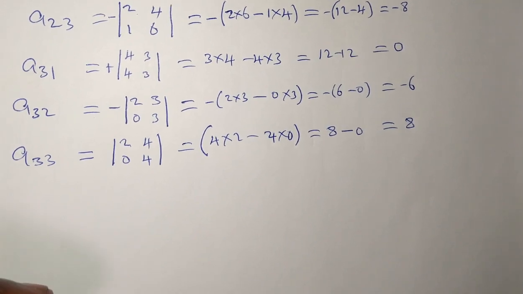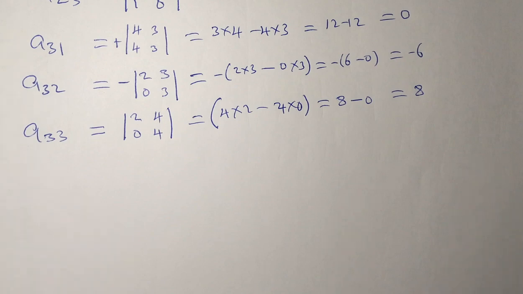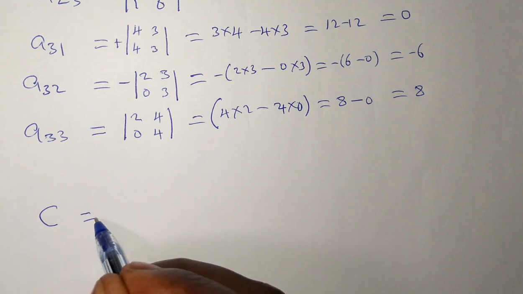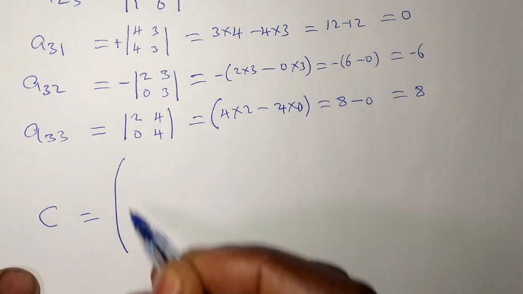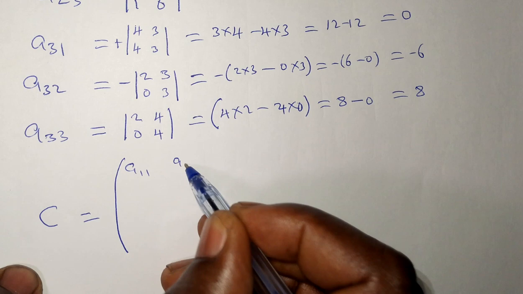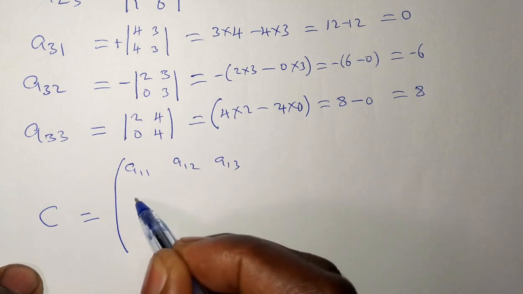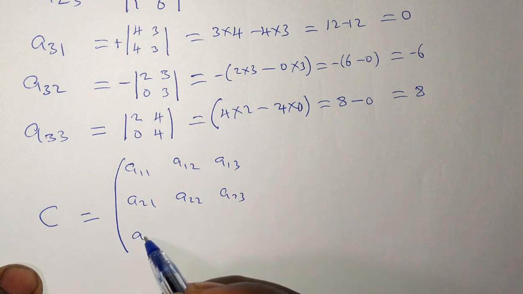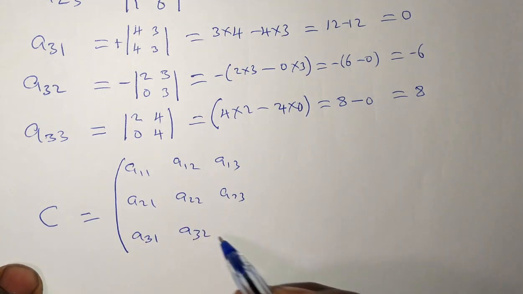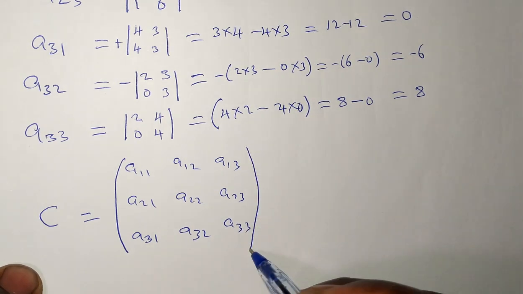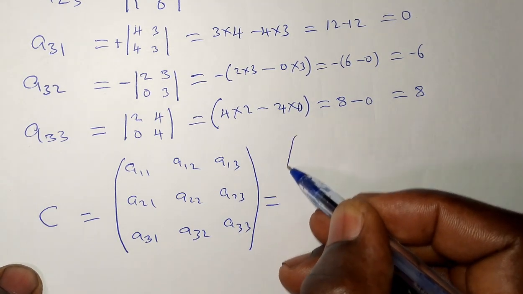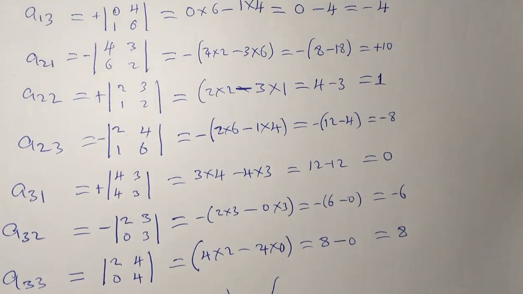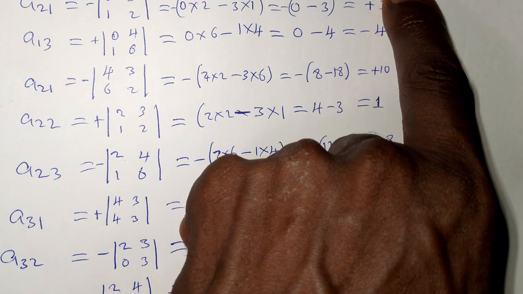I would like to arrange them now in order so that we see how we generate that matrix C, which is the adjoint of that matrix. Remember, this matrix C is equals to A11, A12, A13, A21, A22, A23, A31, A32, A33, close bracket. For A11, the first answer we calculated, is minus 10.